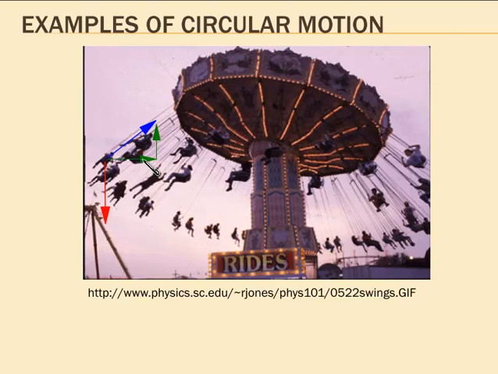So this component is the centripetal force, and it's going to be equal to the mass times the acceleration of this person. Remember, he's going around in a circle, so his direction is constantly changing, so the velocity is changing, therefore he is accelerating.